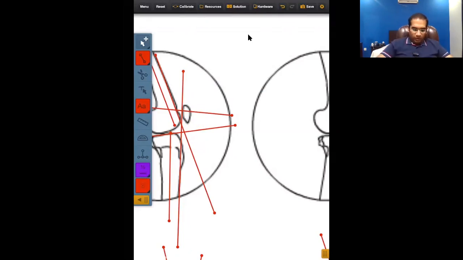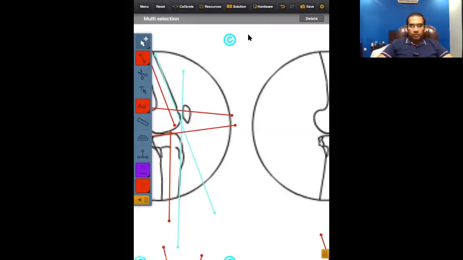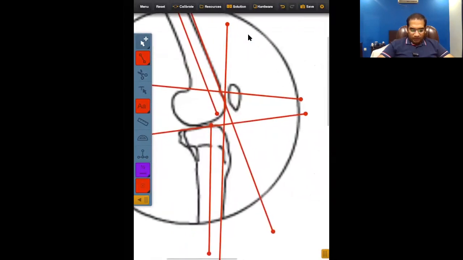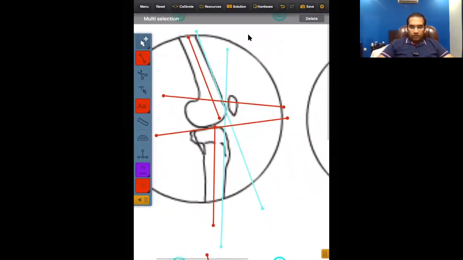How are we going to do it? We're going to draw these two lines, and these two lines are going to tell us the flexion or extension attitude of the knee.